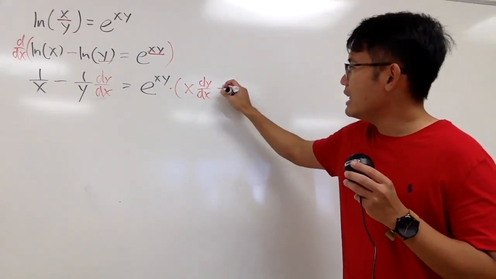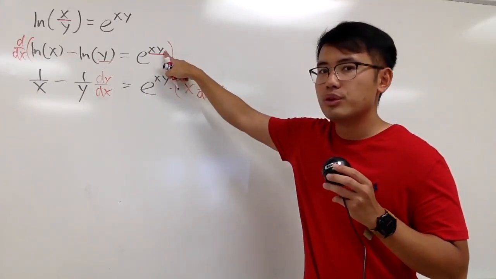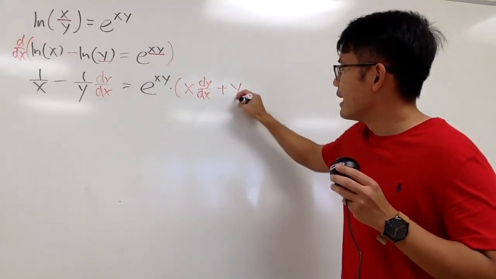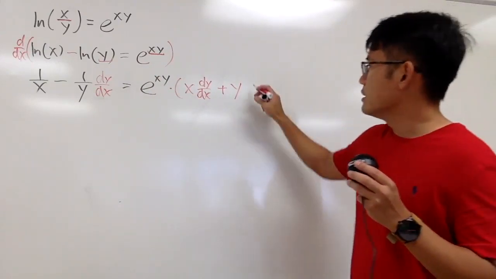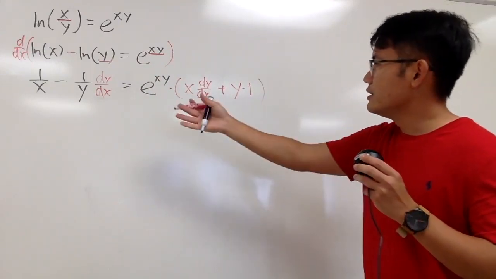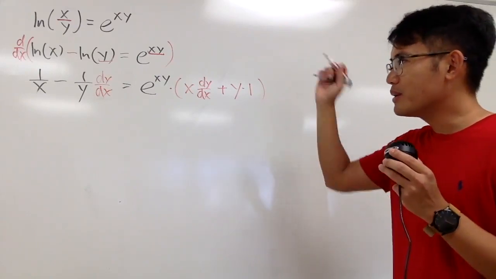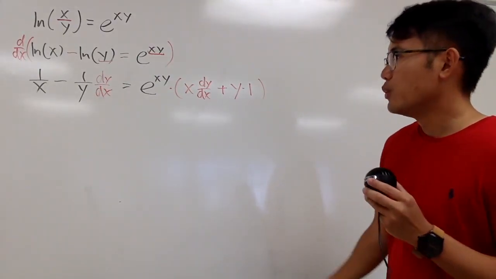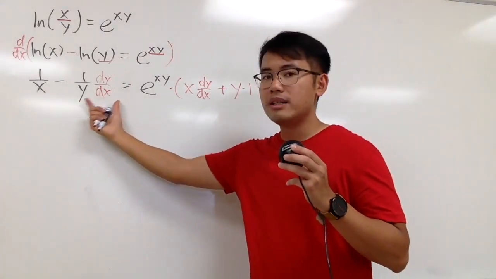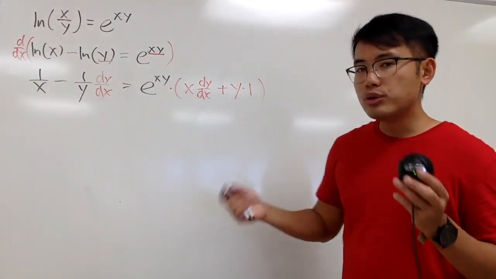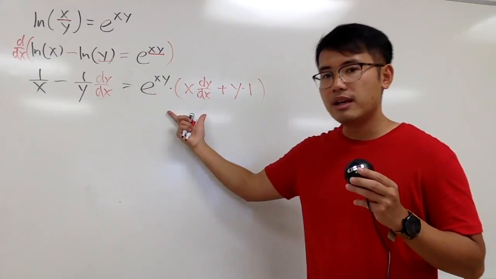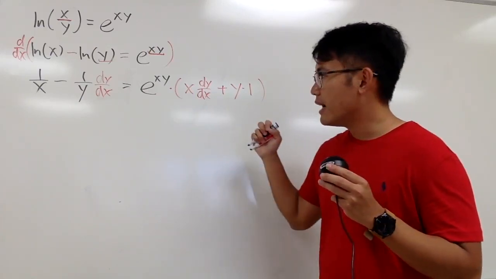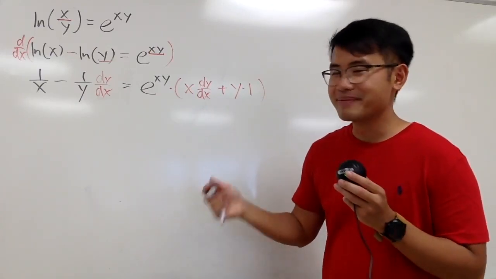And then we add it with the second function, which is y, and then multiply by the derivative of the first. Derivative of x with respect to x is just 1. So this is what we have, and this is the calculus step. And then for the rest, we are going to isolate the dy/dx, right?